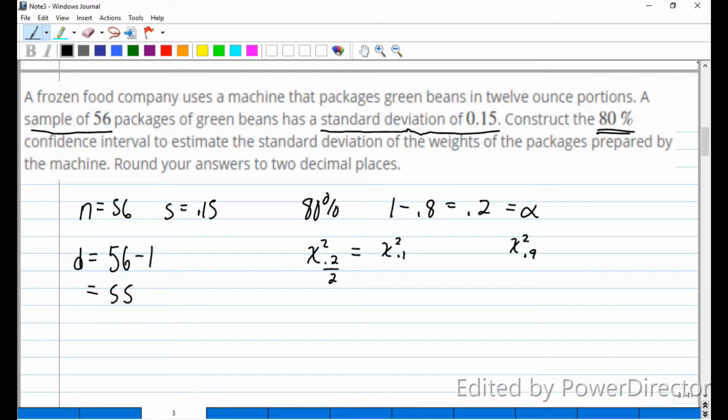Let me see if there's any symmetry I can use here. This would be for an 80%, so we had sub 0.1 and sub 0.9. Those are side by side. The problem with that is, if I look up the value for 10 and then the value for 5, 10 is not twice what 5 would be.